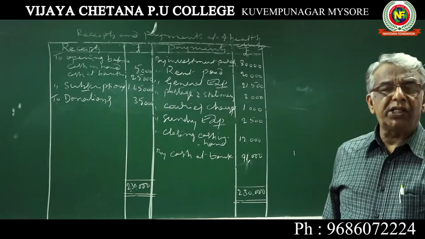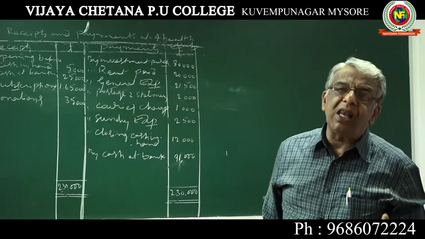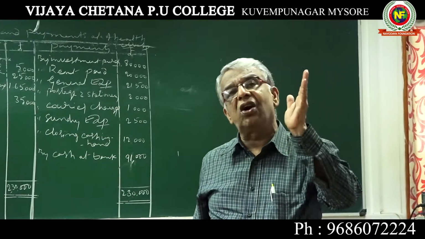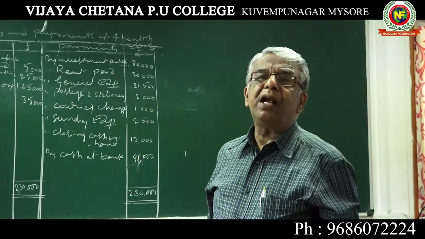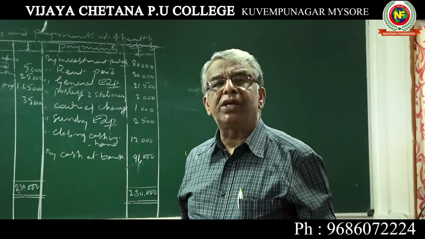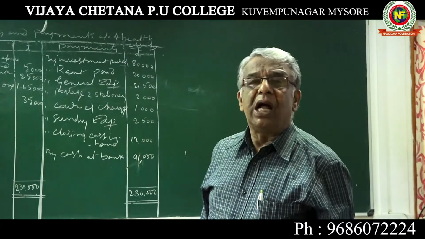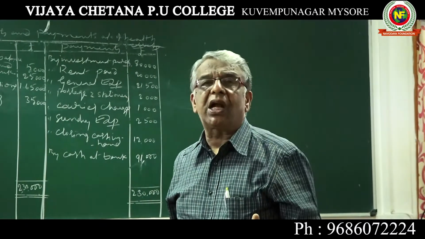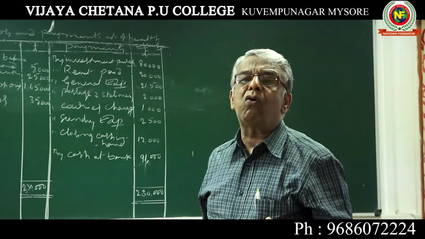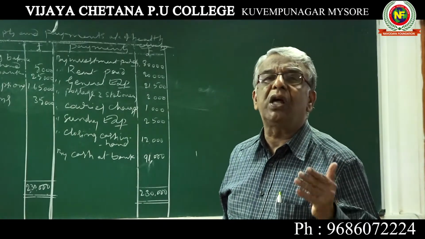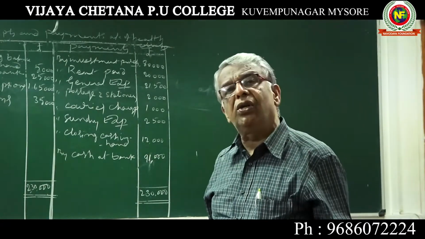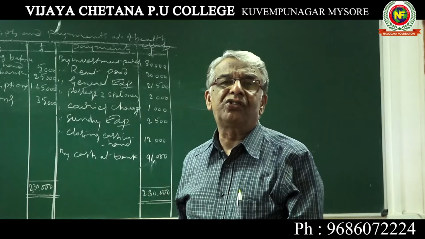An income and expenditure account is a nominal account as it is concerned with losses and expenses and incomes and gains. In the income and expenditure account, we are going to take into account only the revenue items, only the revenue receipts and revenue payments.